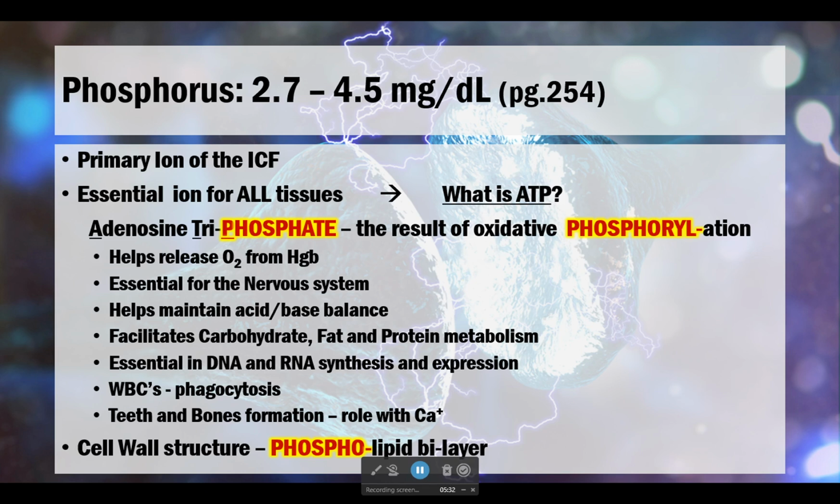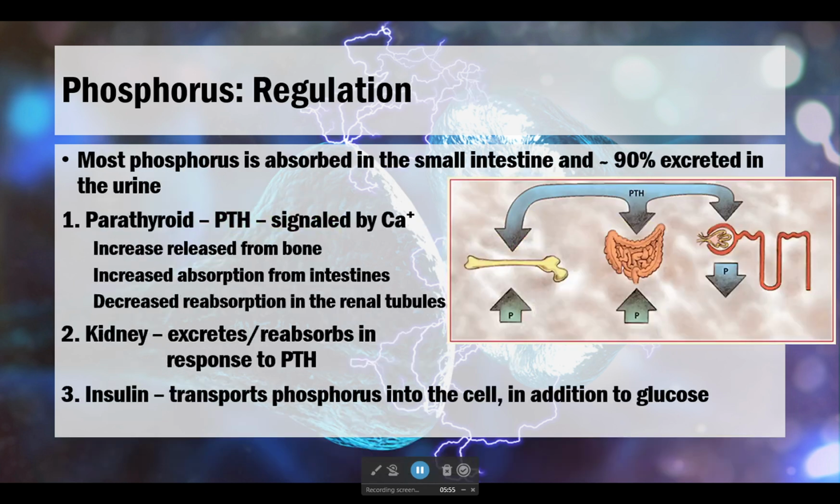The phosphorus component were those little beads that are the hydrophilic component, and the lipid portion of that membrane were the extensions that hung down from what looked like that little ball. So this phospholipid bilayer is constructed 50% of phosphorus. So it's essential to our cell wall structure.